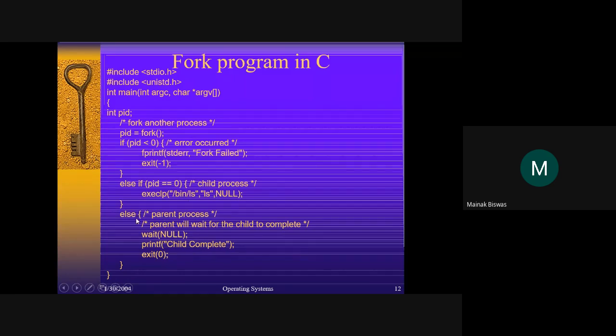Or else, if it is the parent, the parent will wait for the child to complete its job, and then it exits the command. So whenever you are writing a C program and you want to create a process, you have to use the fork command.